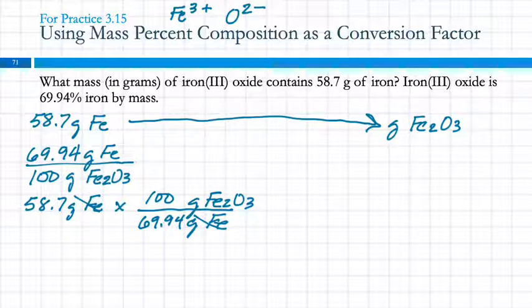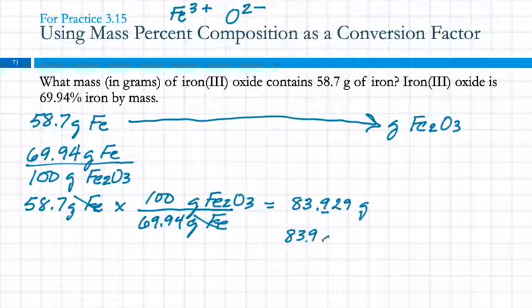So there we go. 58.7, punch it in right: 58.7 times 100 divided by 69.94 equals 83.929 grams, 83.9 grams of Fe2O3.